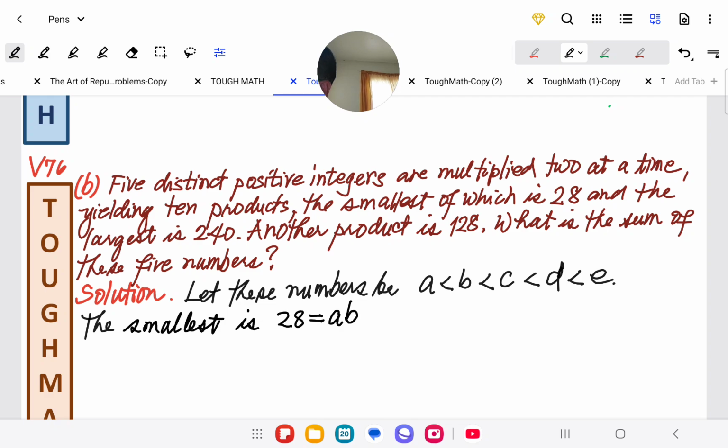And the largest must be the product of the two largest values, which are D and E. So 240 must be DE, or D times E.